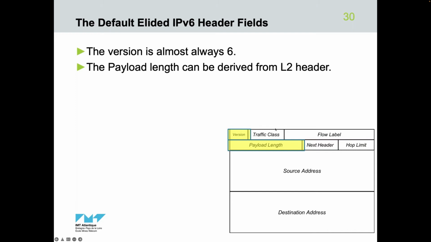As a result, these two fields that are in yellow are not actually necessary to send to the destination. The destination may retrieve the payload length from layer 2, or the version. It is information that it is aware of.